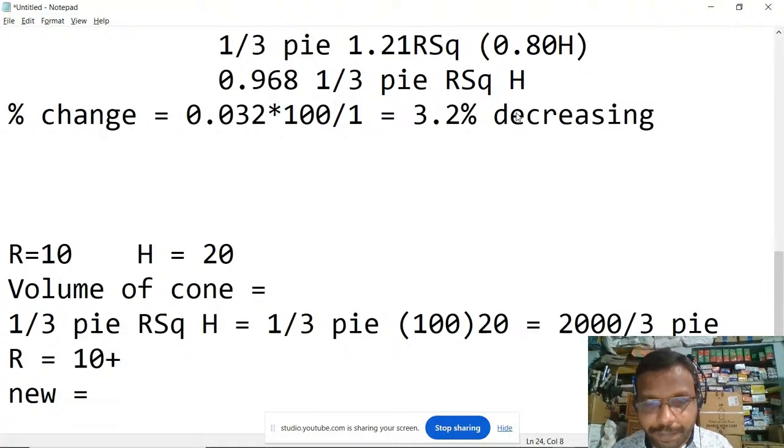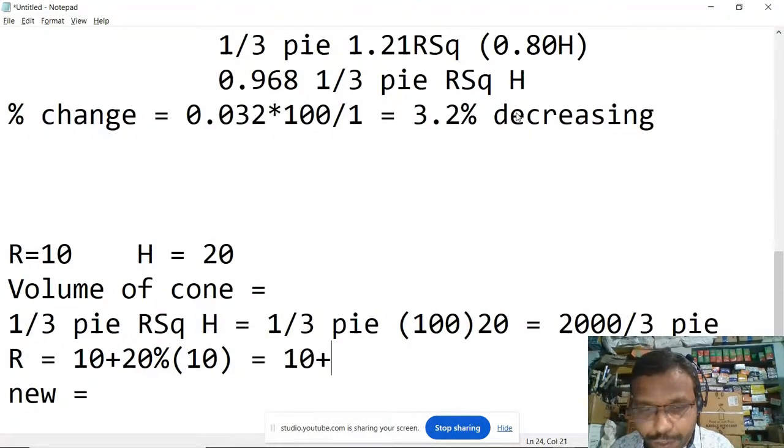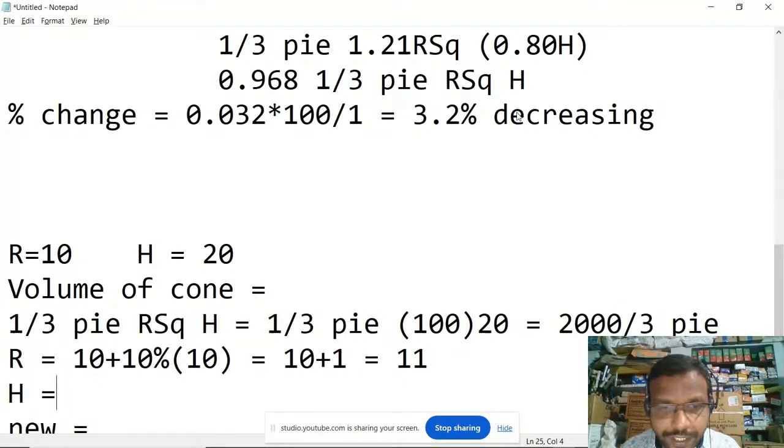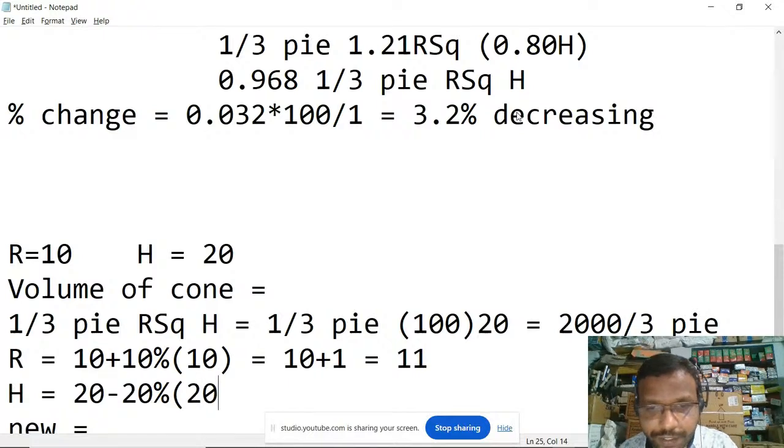Increasing by 10 percentage means only one, it should be equivalent to 11. And the new height is initially 20, it is decreasing by 20 percentage of the number 20. So 20 minus 4, so 16.